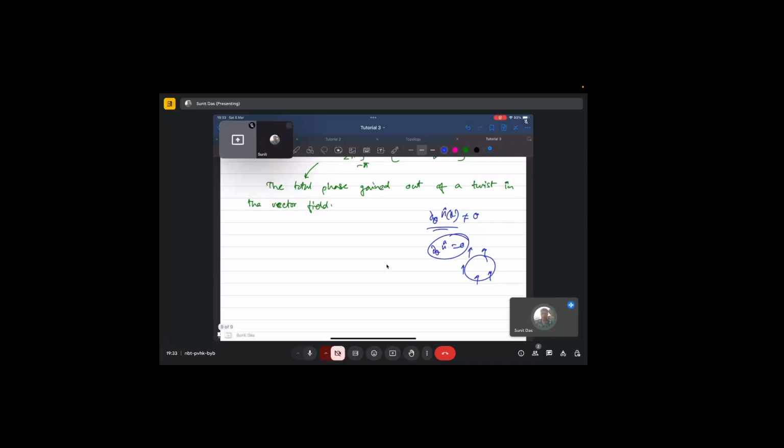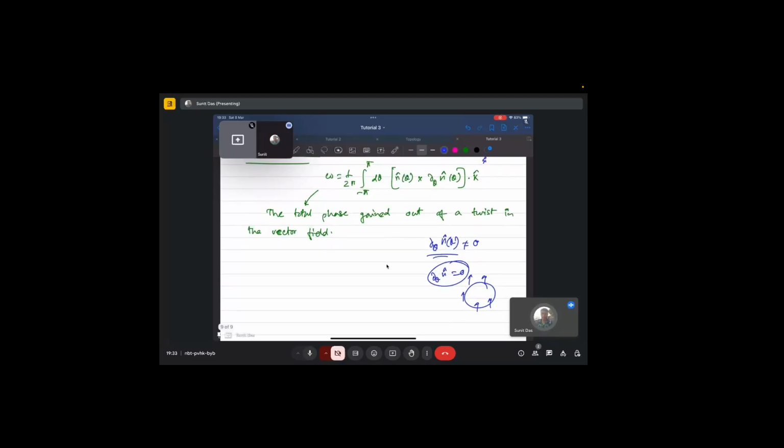So you can already guess that for case 1 we have a winding number equal to 0, because del theta of n will be 0, as the vectors are all oriented along the same direction. In case 2, with intercell hopping, we had some finite winding number. We will calculate it, but here del theta of n is non-zero, so there is a chance you will get a finite number, and that is what characterizes the two insulator cases.